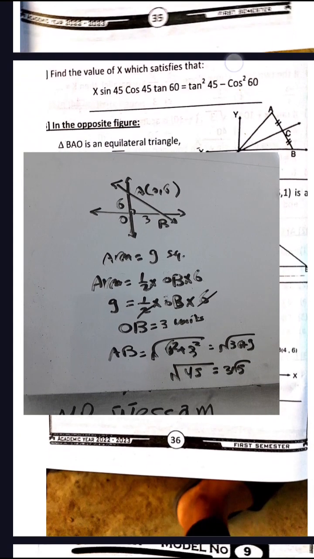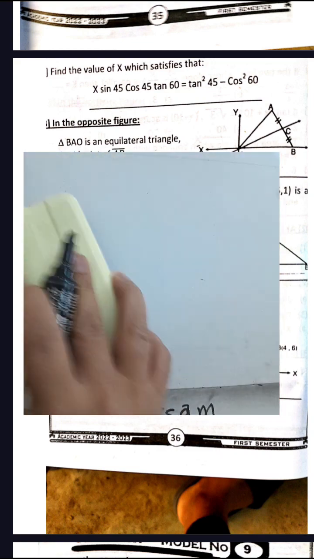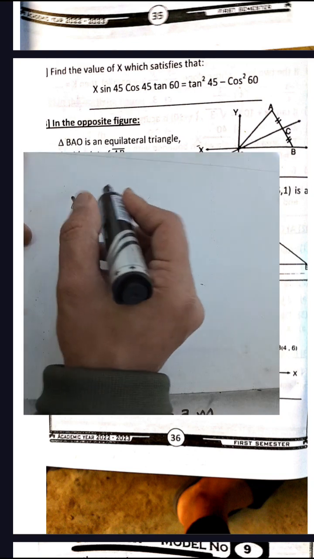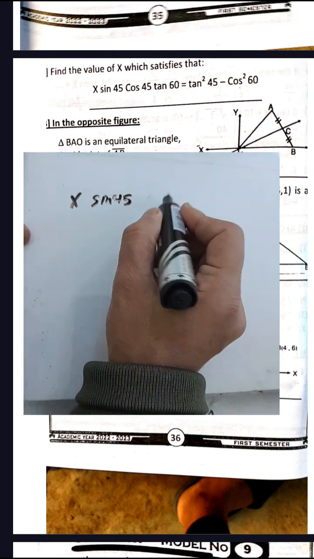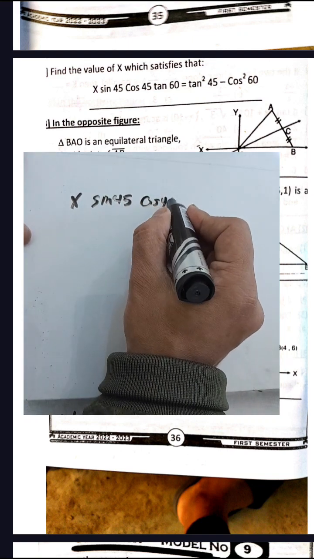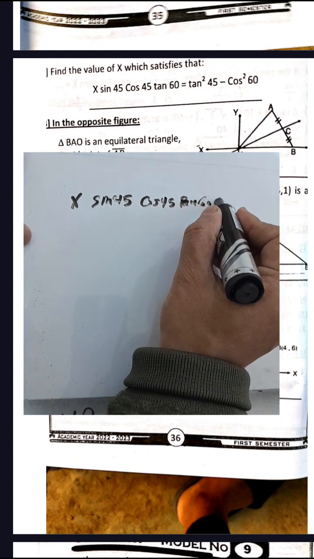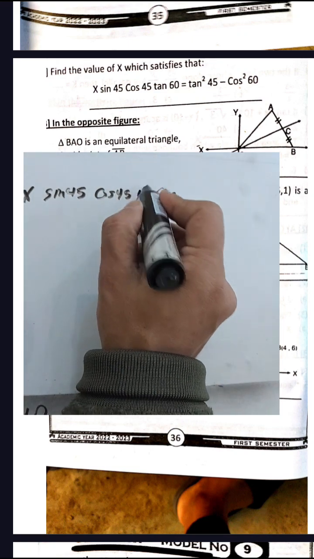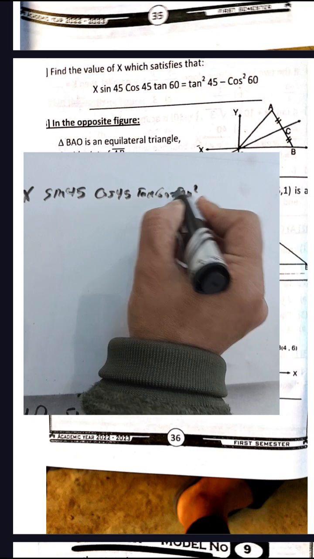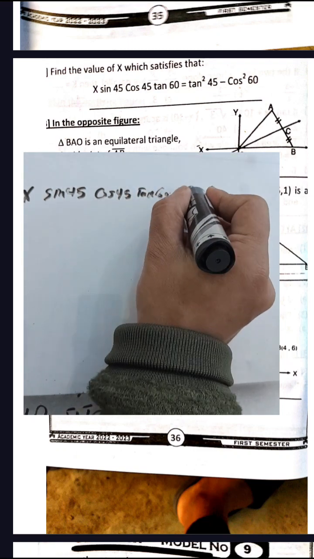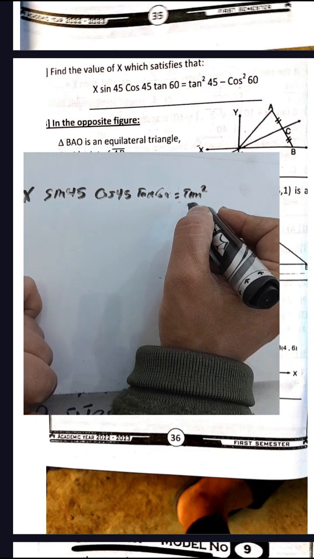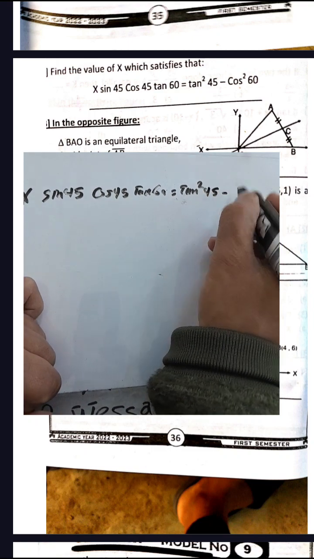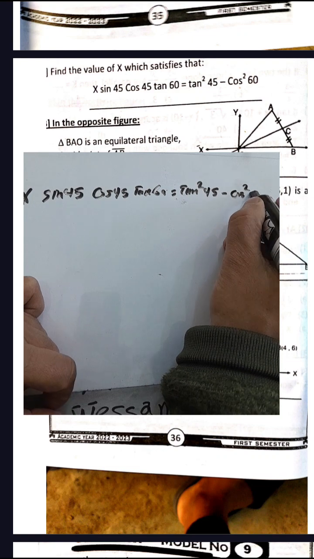Okay. Next question. Find the value of x that satisfies this. We have equations, a left hand side and a right hand side. We have x sine 45 cosine 45 tan 60 equal to tan squared 45 subtract cosine squared of angle 60.